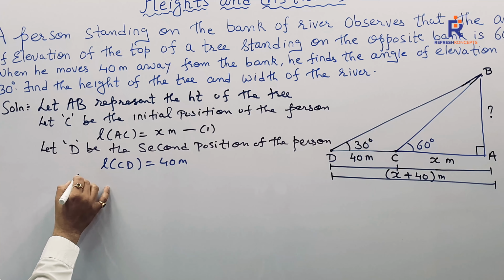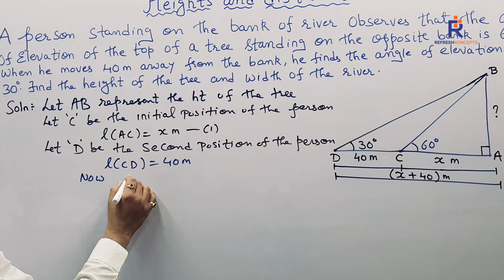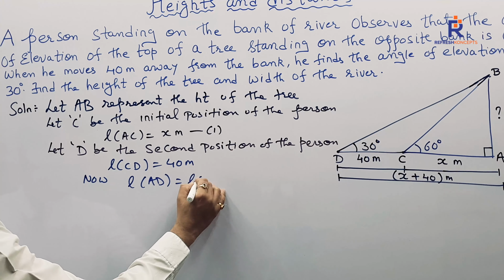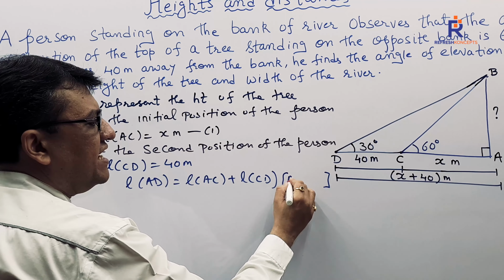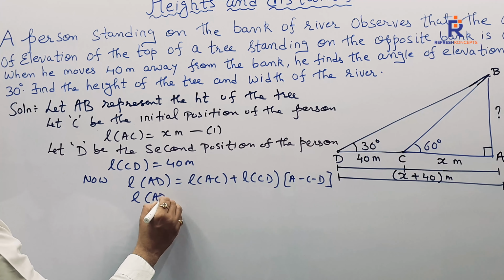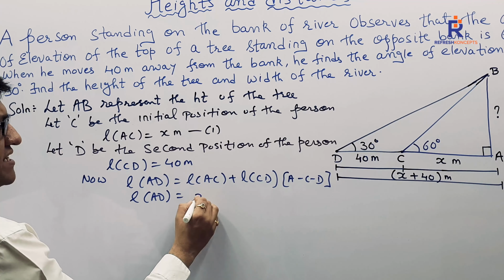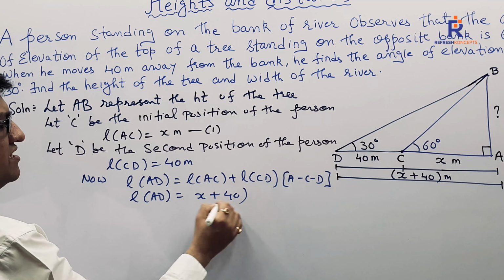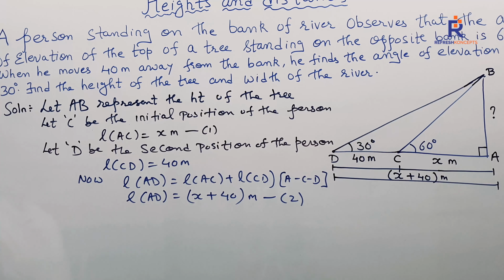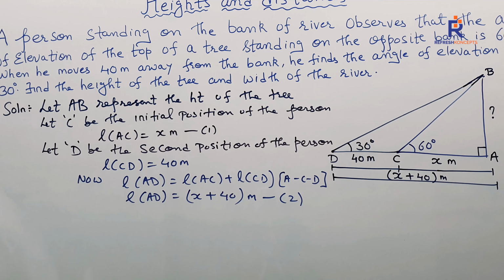What is the entire length AD? Length AD is length AC plus length CD. If you want, you can always give the reason as collinearity of A, C, D. On summing up, length AD turns out to be x plus 40 meter. That's my equation number 2.